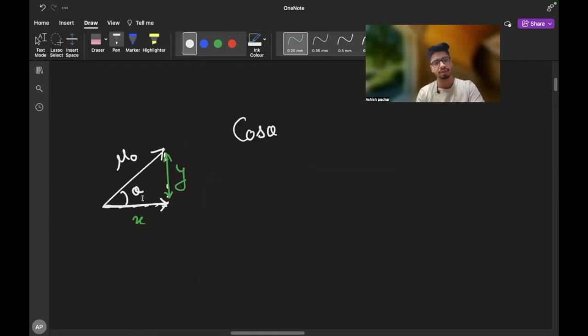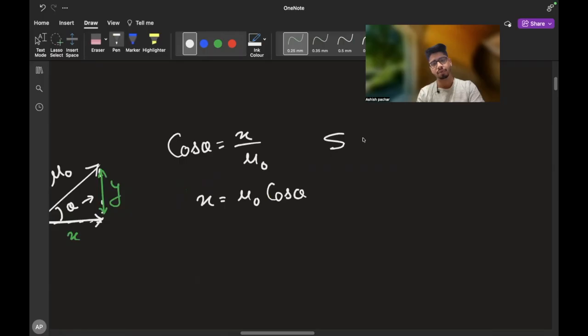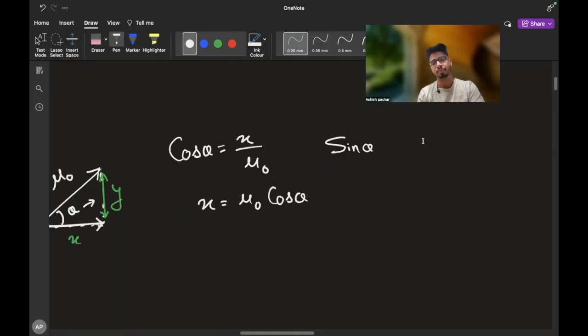Cos theta is adjacent over hypotenuse, x divided by u naught. So from there, the x value comes out to be u naught cos theta. Similarly, we use the sine component, opposite over hypotenuse. Opposite is y by u naught, so the y component comes out to be u naught sine theta.